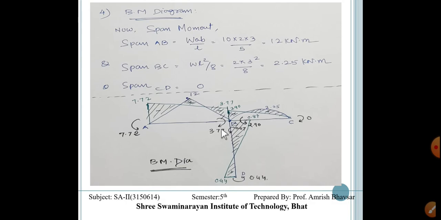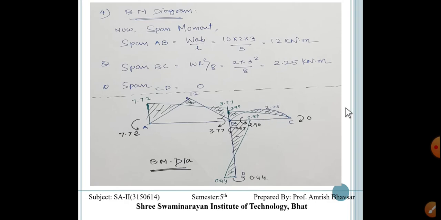Now the next thing is we have to find out the deflected shape. So in deflected shape, this bending moment diagram will help us to draw the deflected shape, and this joint is our point of contraflexure. That point of contraflexure must be indicated in our deflected shape of the beam or of the frame.